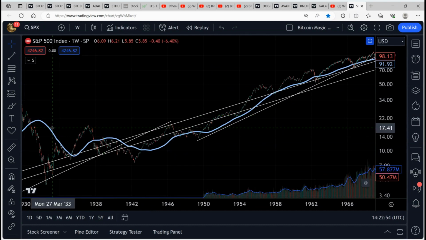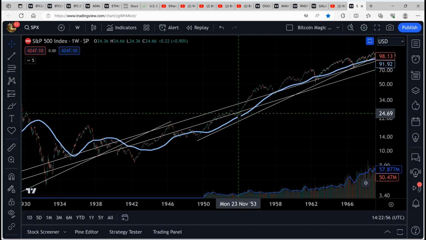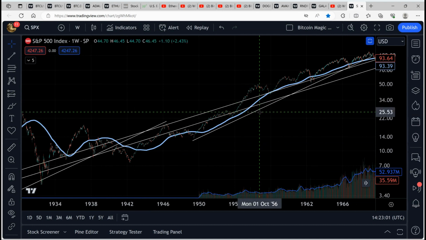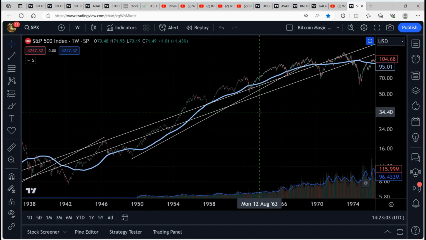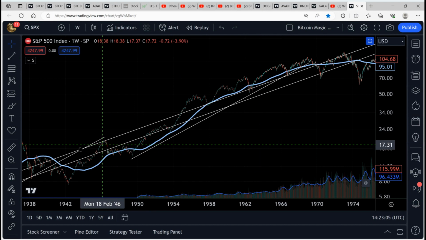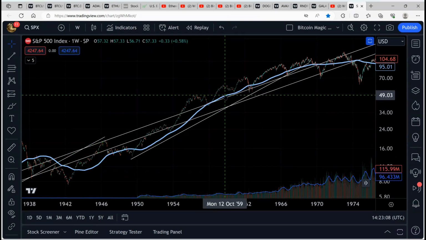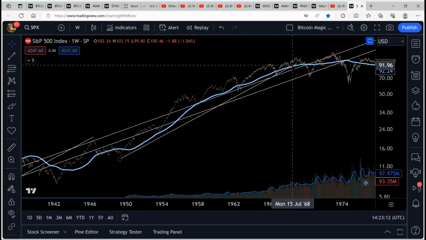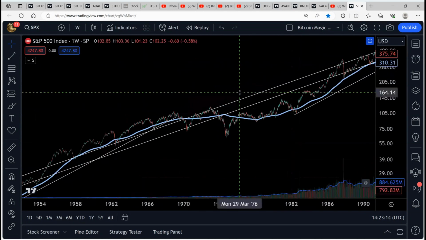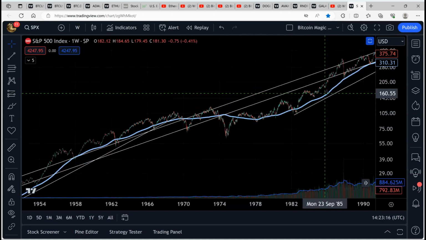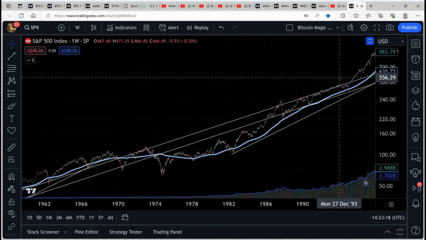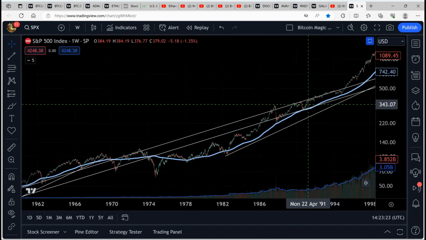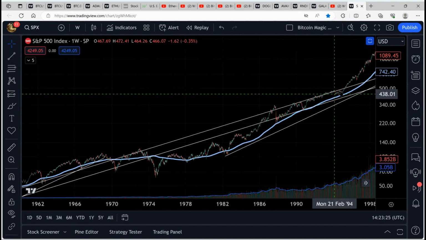And I guess I have the 200 weekly moving average turned on. Well, I'm not going to turn it off. But you can essentially see we traded above it, through it, below it, through it, above it, way below it here in the 70s and 80s. I like to think of when it trades in the channel, that's just regular normal times.